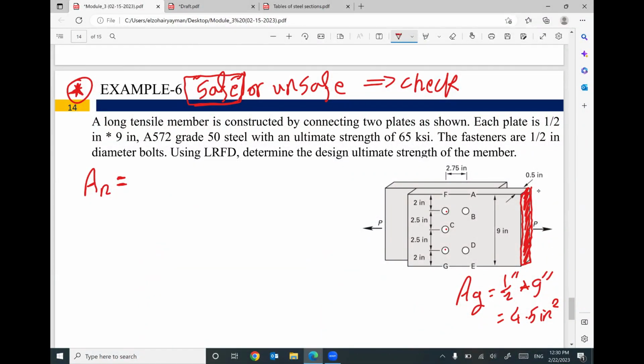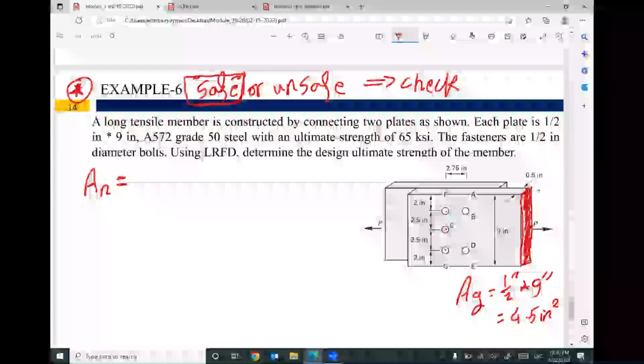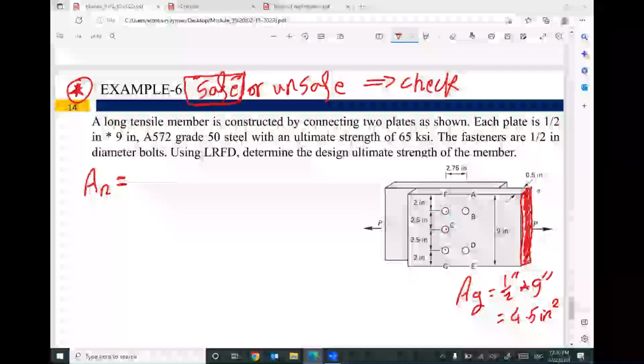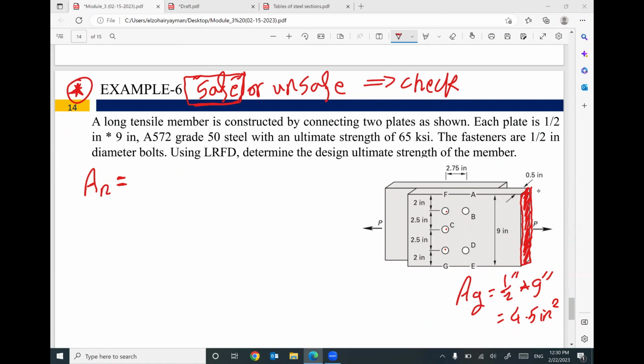Do you think this arrangement is staggered or parallel? Parallel is correct. Any other answer? Alexander, your answer is correct.